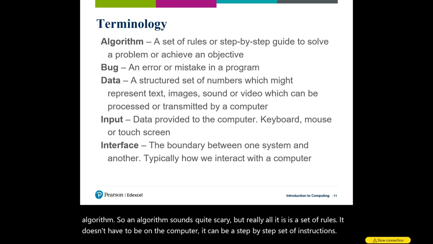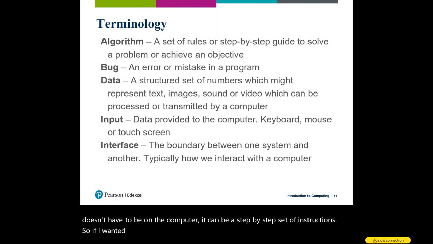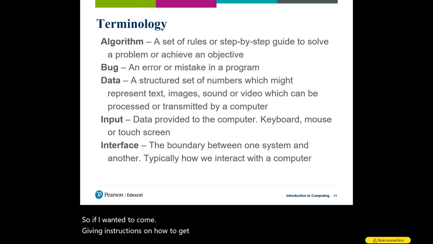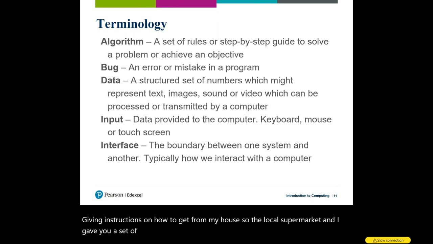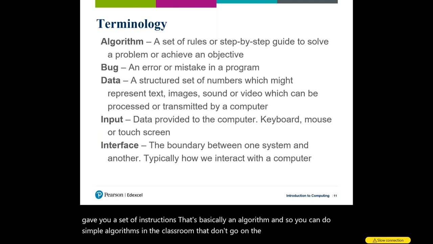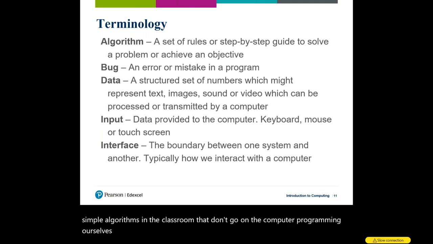So if I wanted to give you instructions on how to get from my house to the local supermarket, and I gave you a set of instructions, that's basically an algorithm. And so you can do simple algorithms in the classroom that don't go on a computer. We're just programming ourselves, giving instructions in words.